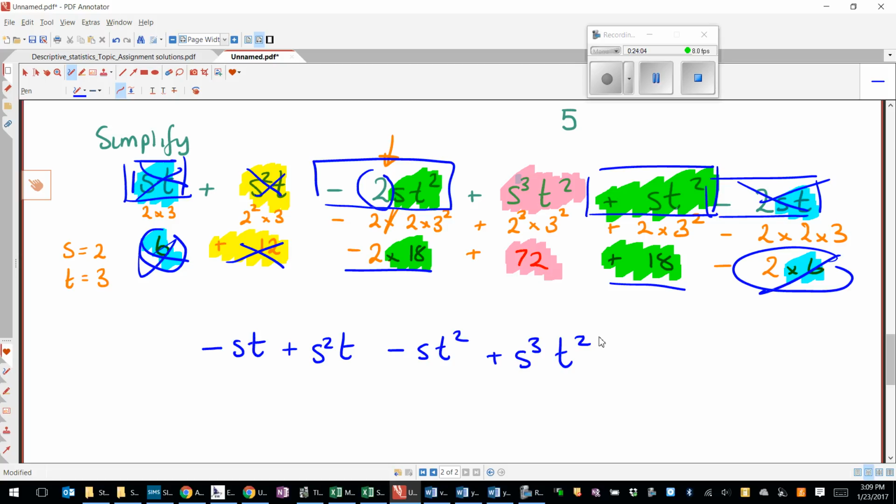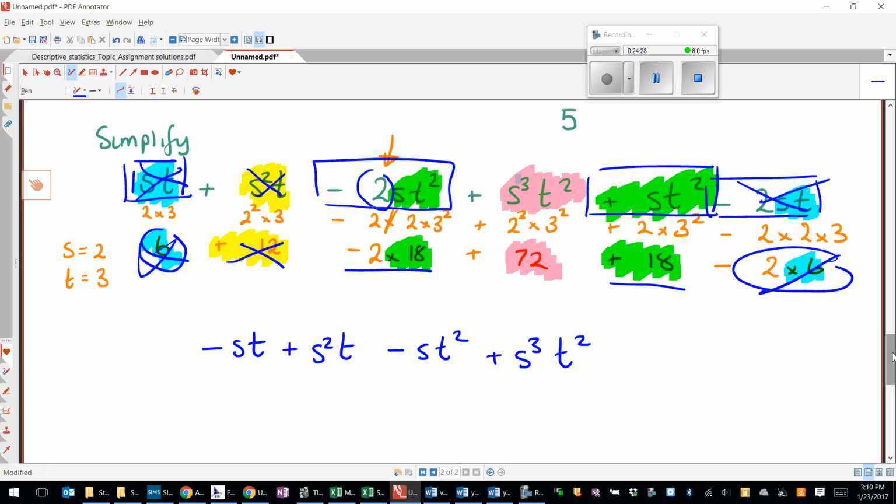Make sure you're doing this. Don't get hooked up with it's all s's and t's and therefore I can put them together. The reason why I tried to show you the numbers is to show you what would happen. You can't just put those numbers together, can you? It wouldn't make sense if you were to group it.